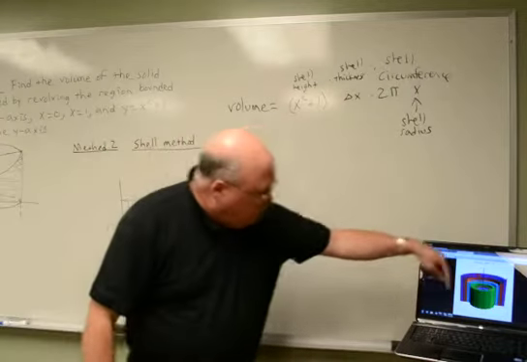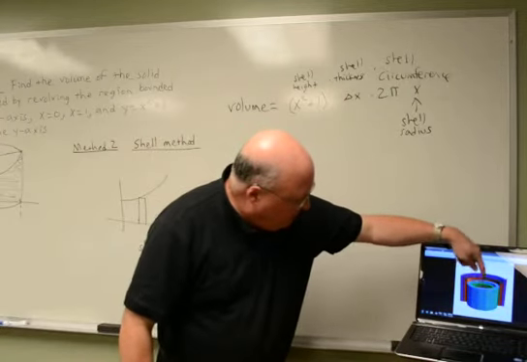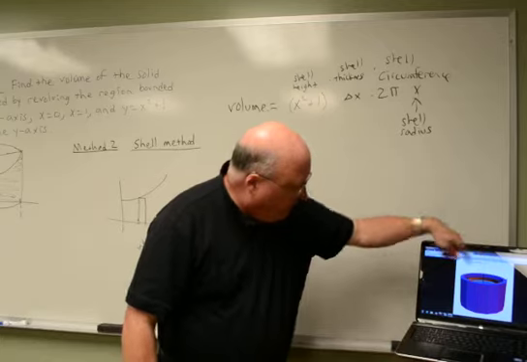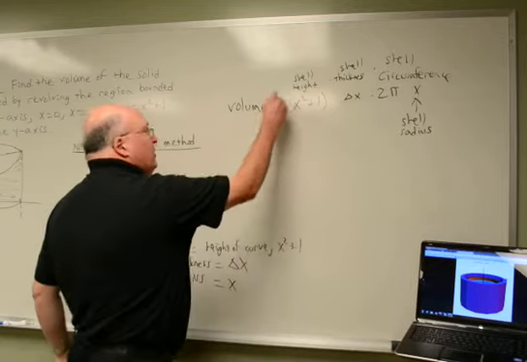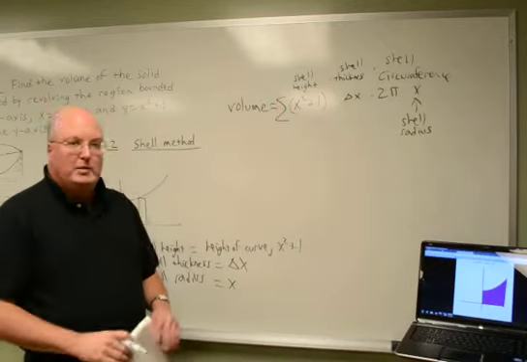But that's just one shell. And as you can see, there are many shells that make up our approximation. So we have to add all those up to get our approximation.